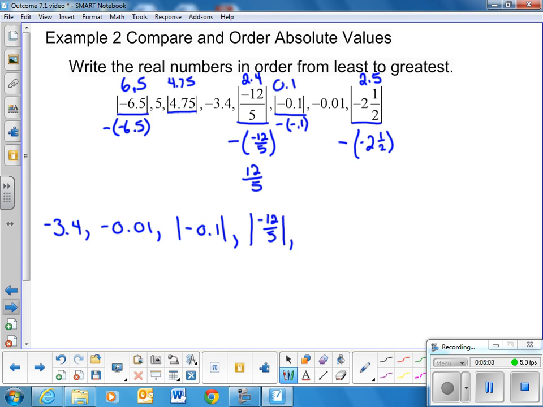Then we have 2.5, which started as the absolute value of negative 2 1/2. Then we have 4.75, which was the absolute value of 4.75, followed by 5, and finally the absolute value of 6.5.